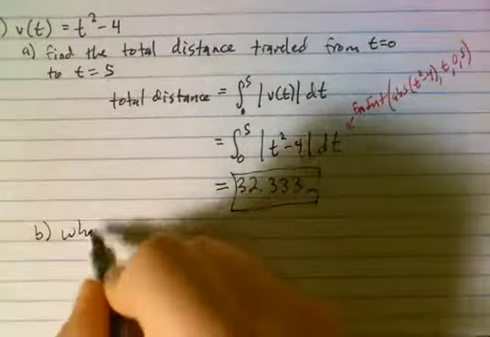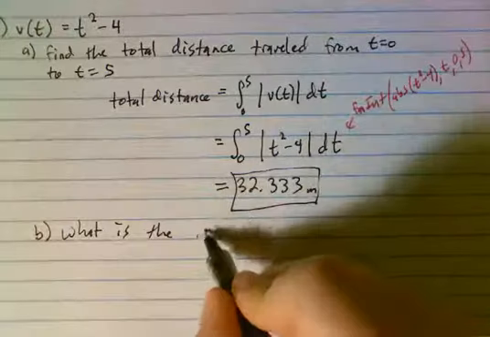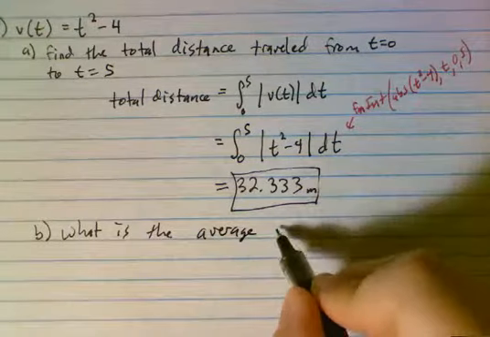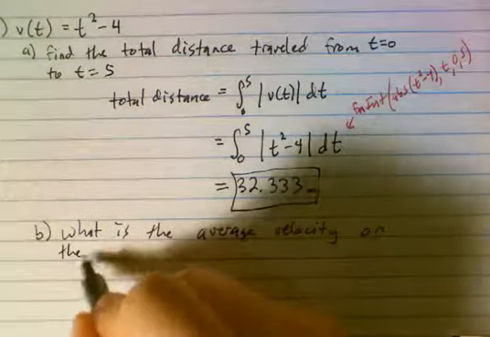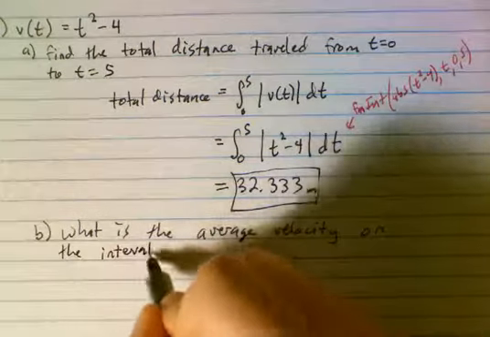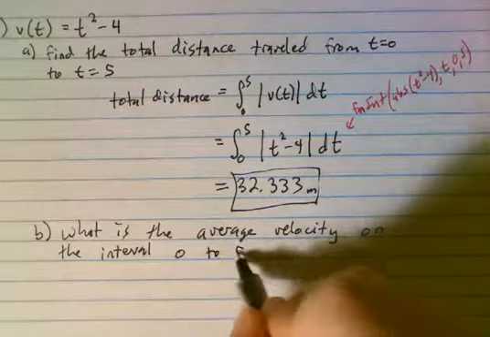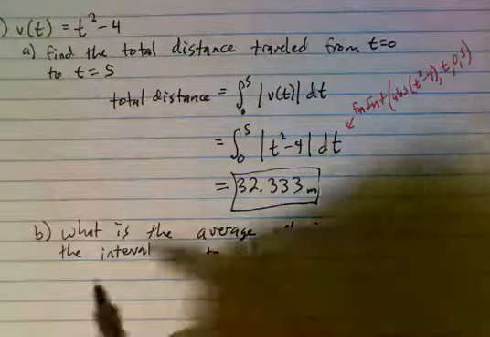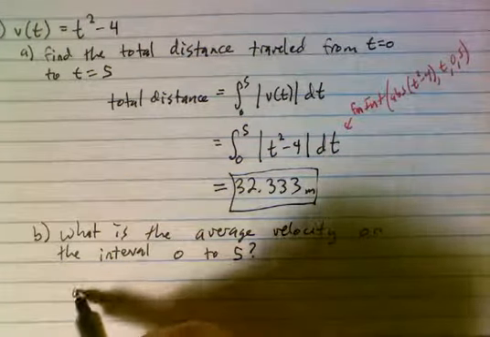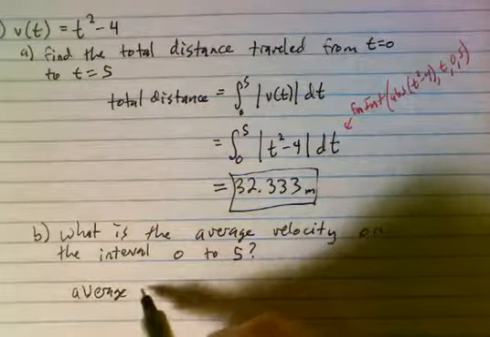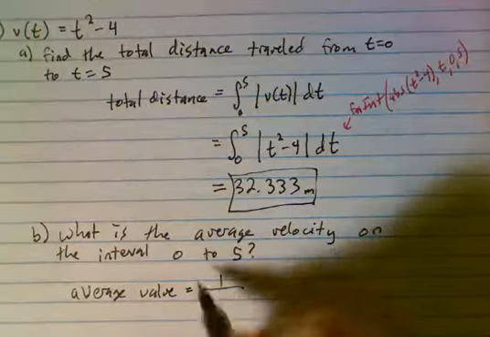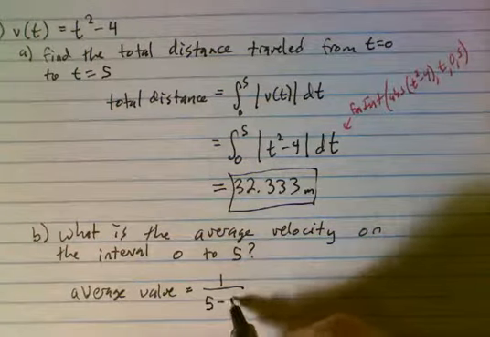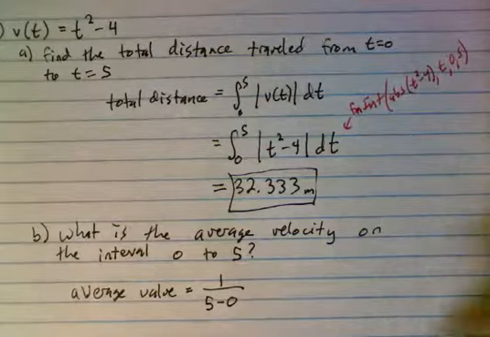Another question, what is the average velocity on the interval 0 to 5? Remember, average value for anything is going to be 1 divided by, subtract the two parts of the interval.